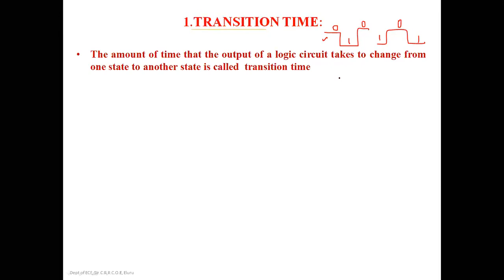And now, how can we see the transition time? We will observe the transition time at the output of the circuit here. Why? Because when you apply a continuous input at the logic gate, it will give us an output that is continuously changing between the two states, 0 and 1.